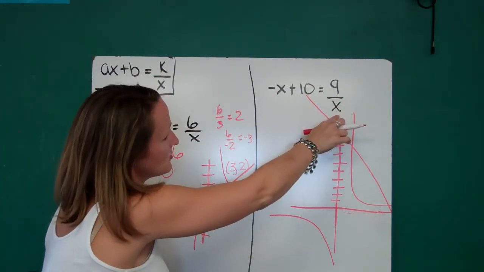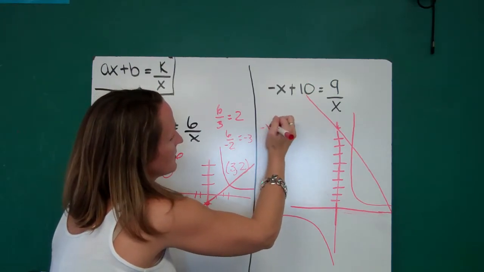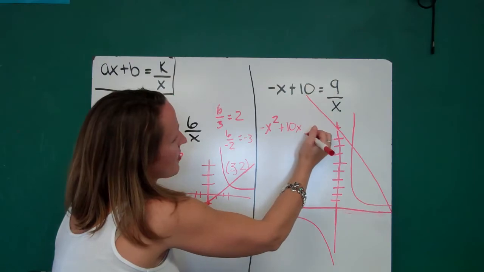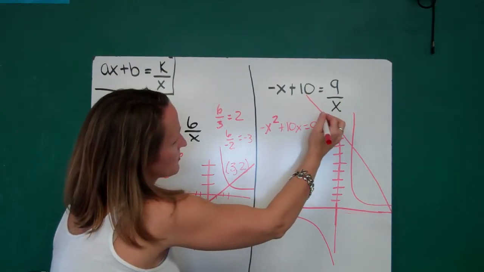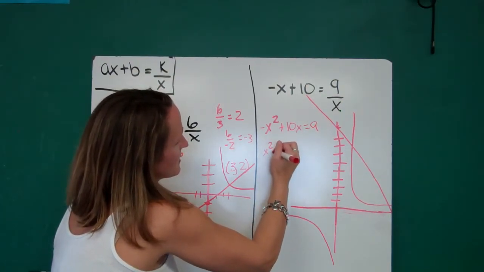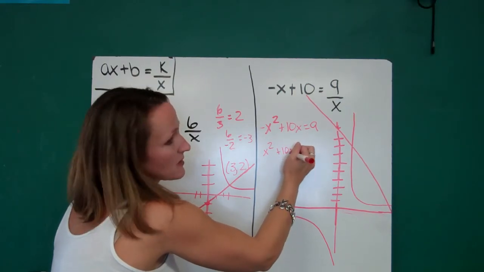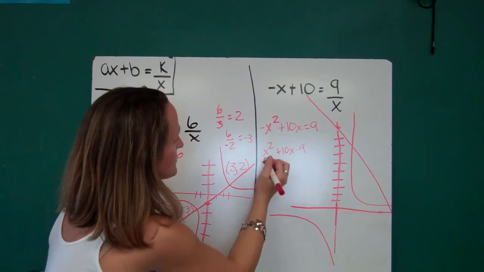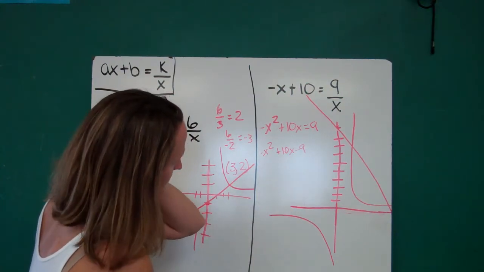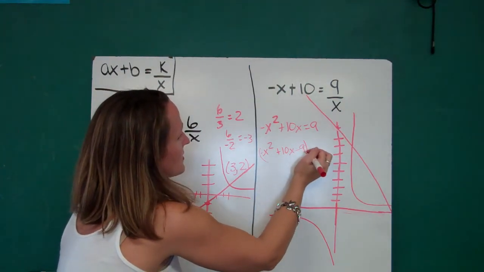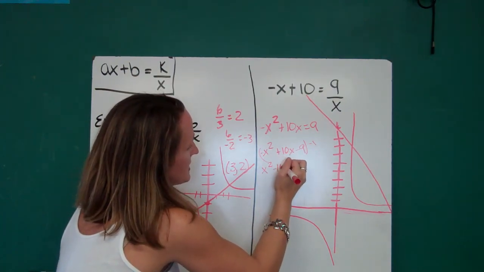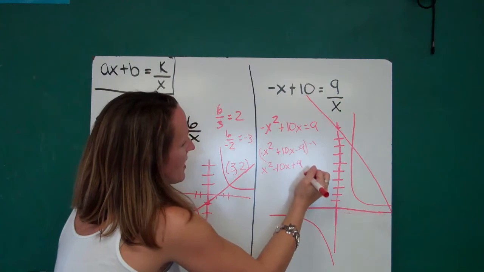So I'm going to multiply both sides by x, and I'm going to get a -x² plus 10x equals 9. Of course, we want to bring the 9 over, so -x² plus 10x minus 9. Whoops. I'm going to multiply the whole thing by -1 to get rid of that, so I get x² minus 10x plus 9.